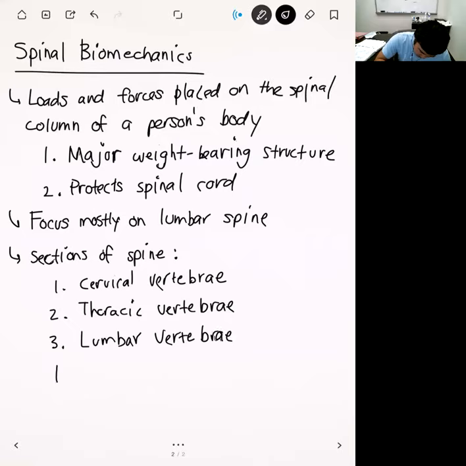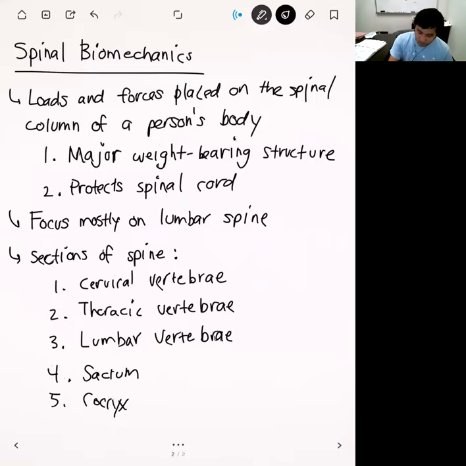Remember, your lumbar vertebrae is the part right over your butt. Then we have the sacrum, which is the top part of your pelvis bone. Then finally, we have the coccyx, which is basically your tailbone.